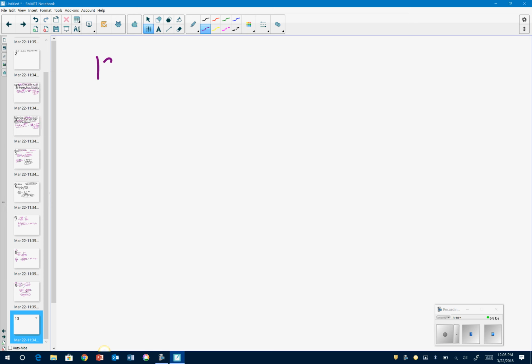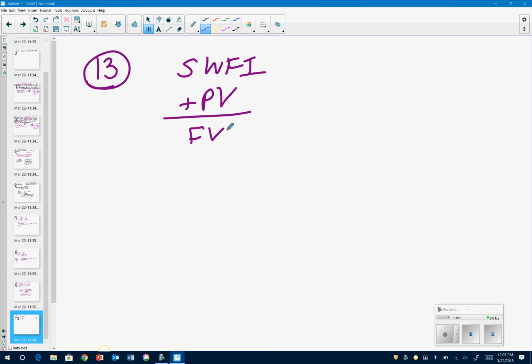Number 13, I'll do one more. So again, sterile water for injection plus powder volume equals your final volume. And then your drug is going to be divided by your final volume in order to get the total concentration.